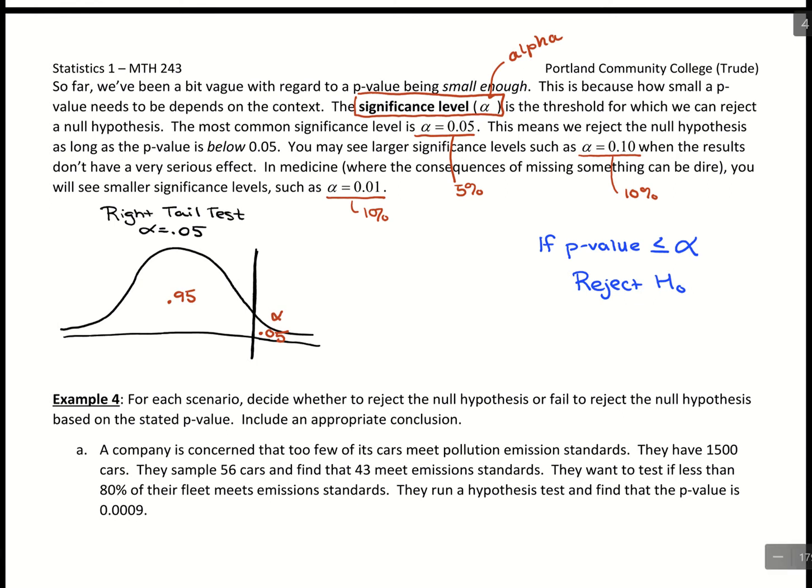And what would happen is if we land on this right-hand side, anywhere in that region, we would reject the null hypothesis, because if we land over there, we're going to have an area, a p-value, that's smaller than 0.05. If we land anywhere to the left-hand side, we would fail to reject the null hypothesis. So it gives us this cutoff mark for where we would reject and not reject.